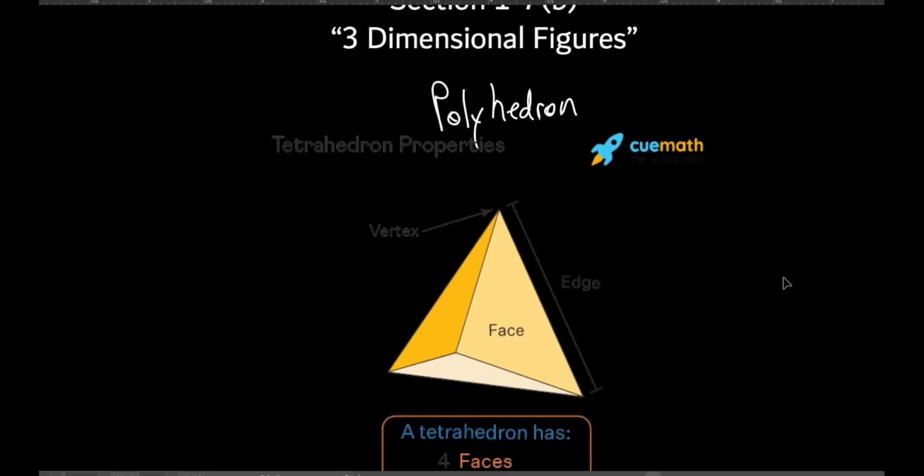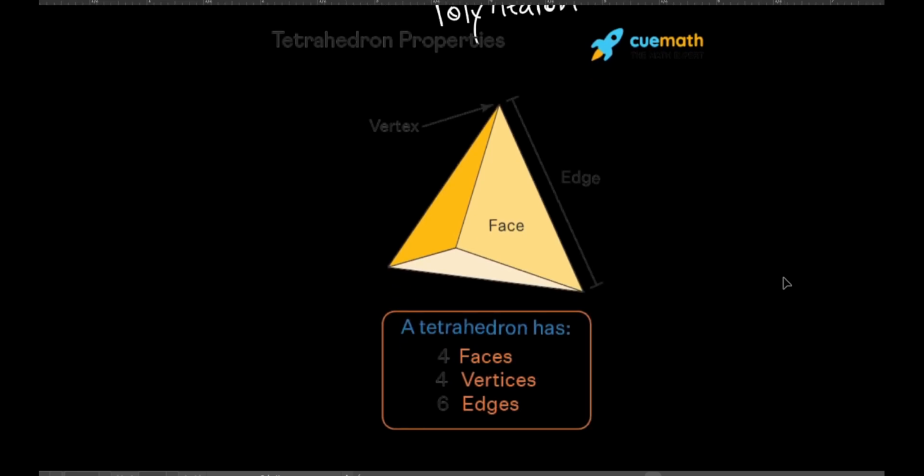This looks like something that we talked about yesterday, so you could name it two different things, right? But a polyhedron is a closed surface made up of polygonal regions. What in the world does that mean? It means all the things that make up this three-dimensional object are all polygons.